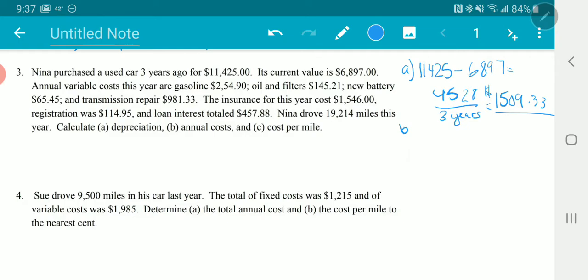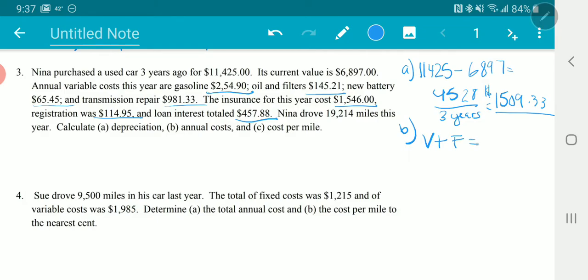Part B, we're looking for the annual cost. Normally you are looking for the variable versus the fixed, but if it just wants the annual costs, we know that's all those together. It's the variable plus the fixed cost. So any cost in here: gasoline, oil and filters, new battery, transmission repair, insurance, registration, loan interest, all of those are costs.